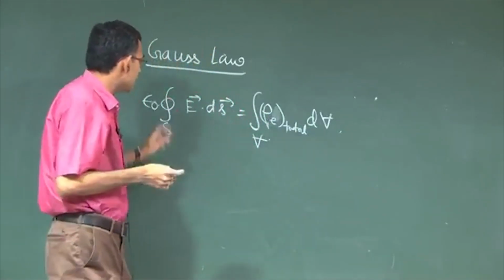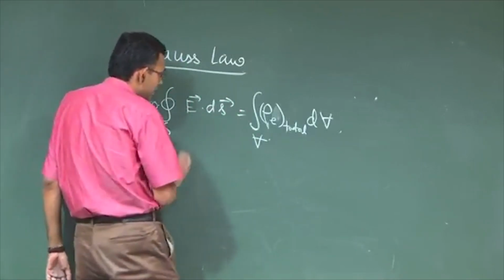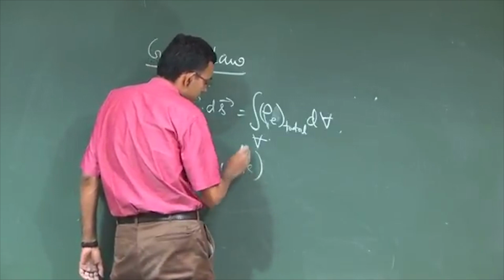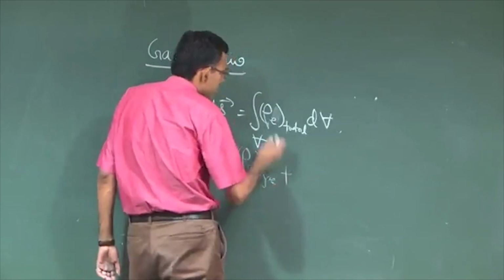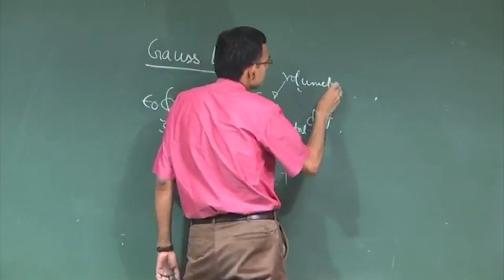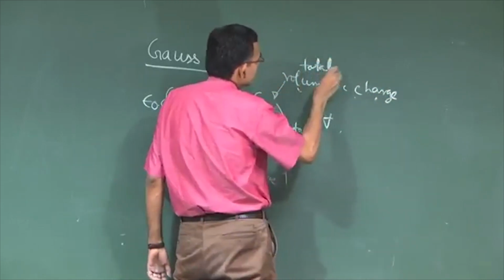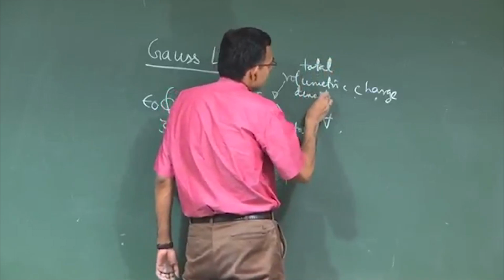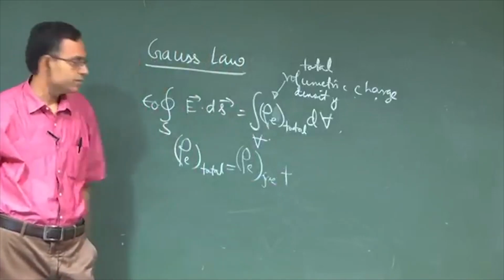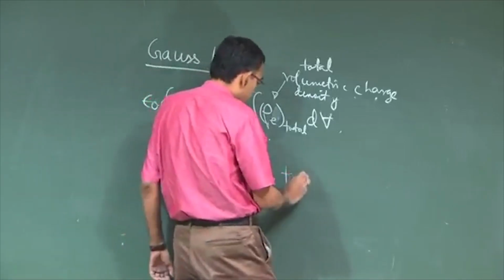So, with this we can say that the rho E total is the volumetric charge density. Volumetric charge density is charge per unit volume, surface charge density is charge per unit area, like that. So, rho E free plus rho E bound.